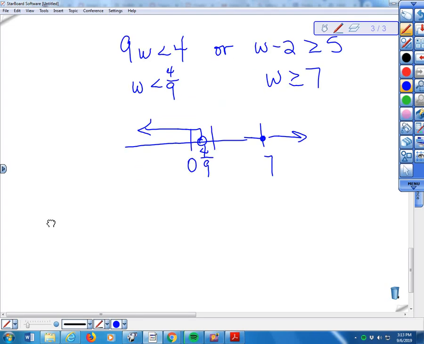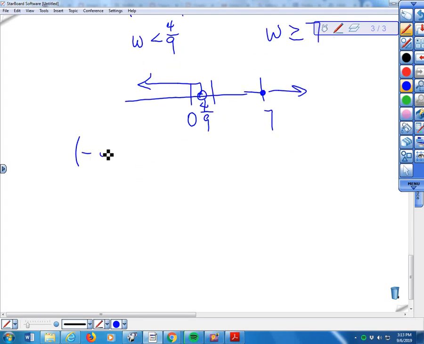So interval notation then is going to be negative infinity to 4/9, parenthesis, because it's not including, union with 7 to positive infinity, parenthesis. So bracket 7 because it's including 7, parenthesis on 4/9 because it doesn't include 4/9.